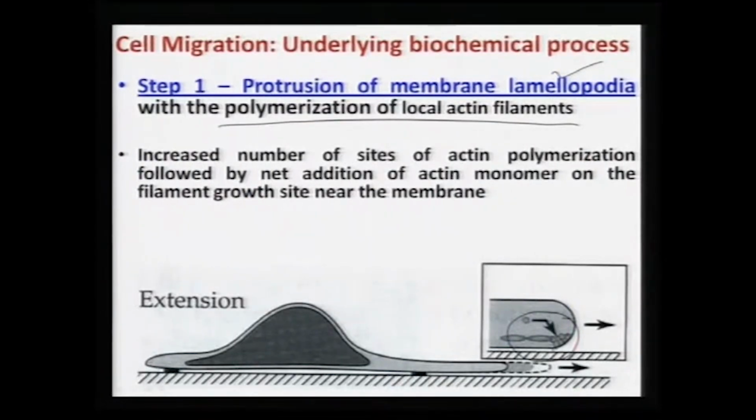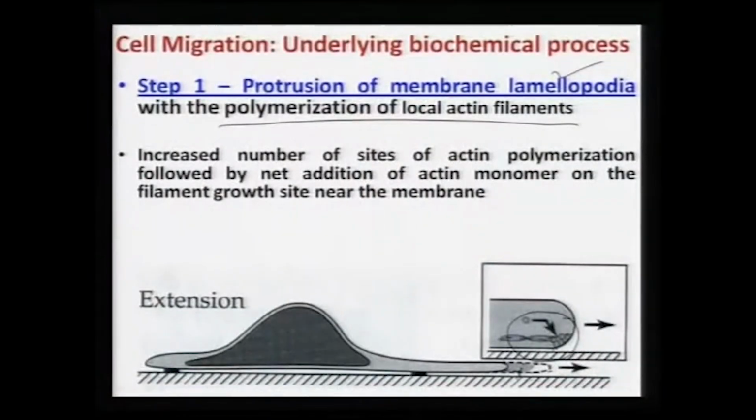These monomer units come together, then they can form the polymers at the leading edge. Now, this leading edge is shown here as a dotted line. Dotted line means that this actin polymerization has not yet taken place, but it is going to take place in this particular area, and that will form another focal point here.